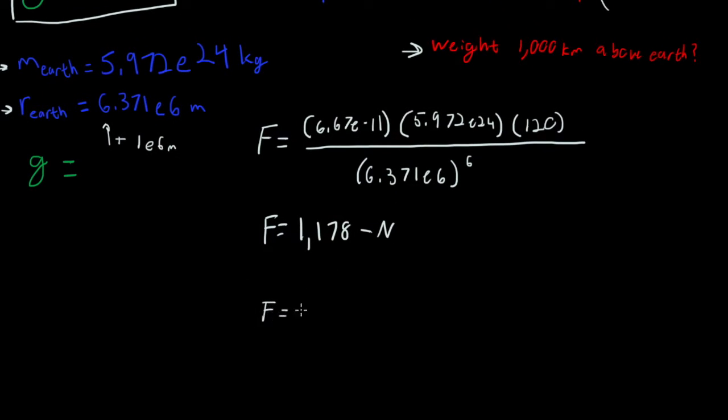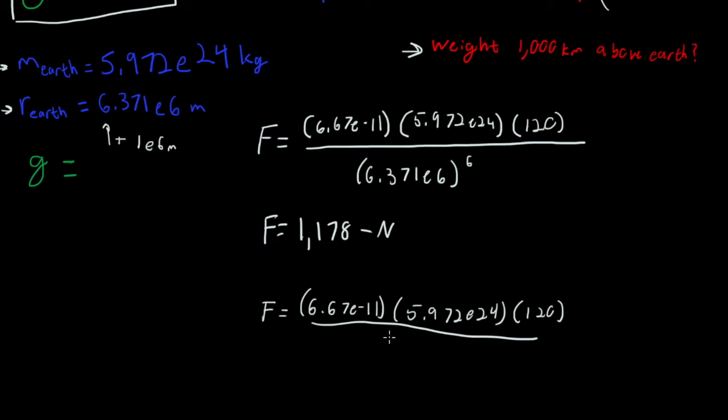So let's punch that in. We're going to use all the same values, 6.67 e negative 11. Let's use our parentheses the right way. 5.972 e24. And our 120 mass hasn't changed. Now we use 7.371 e6, because 6 plus 1 is 7.